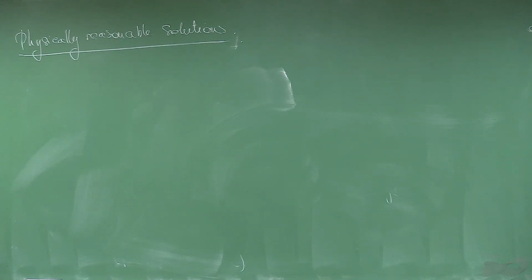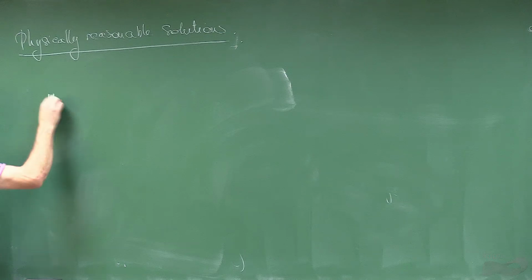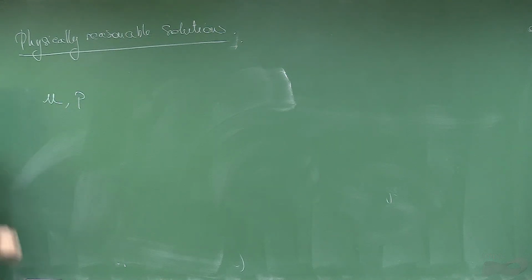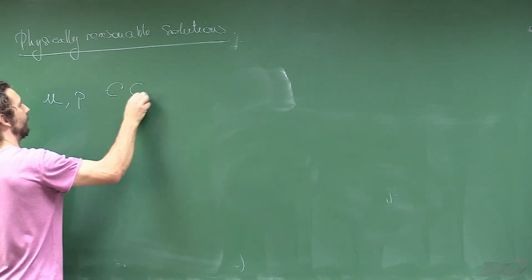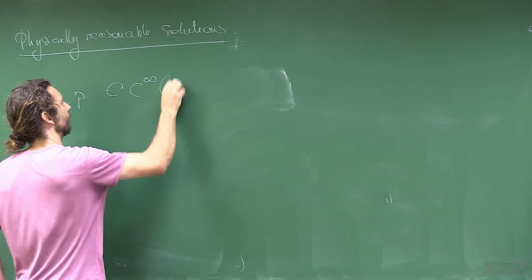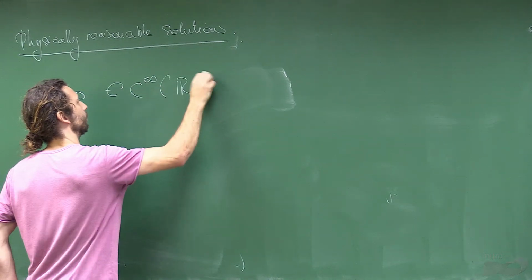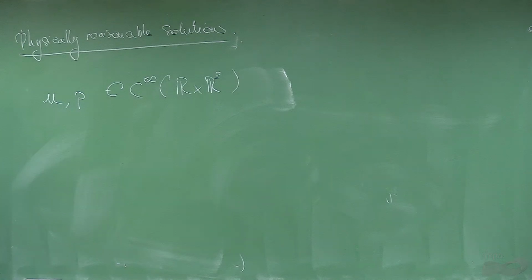Okay, so a physically reasonable solution will be a solution which is C infinity. So U and P will be essentially C infinity on R times R cube. There is a little catch. If indeed D is R cube, we will also ask that the L2 norm is bounded, so the energy is bounded.